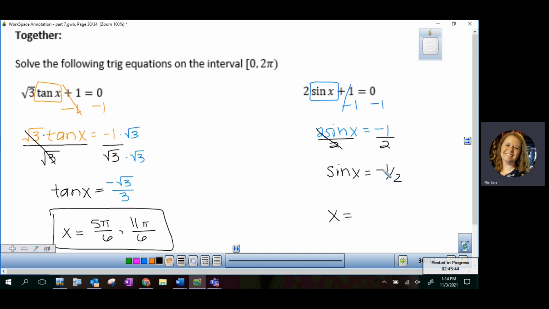Sine is negative in 3 and 4, and the y value is 1/2 at pi/6. So we need the pi/6 angle in quadrants 3 and 4. Somebody said 7, that was correct. 7 pi/6. Good. 7 pi/6 and 11 pi/6.